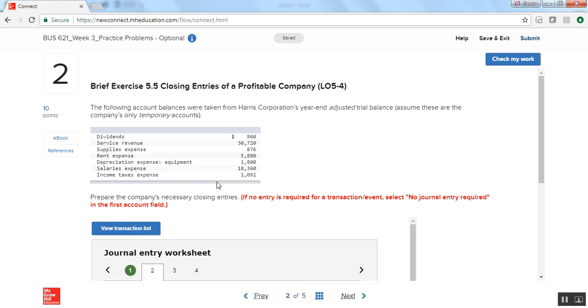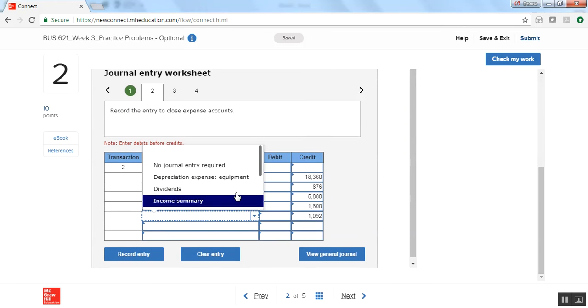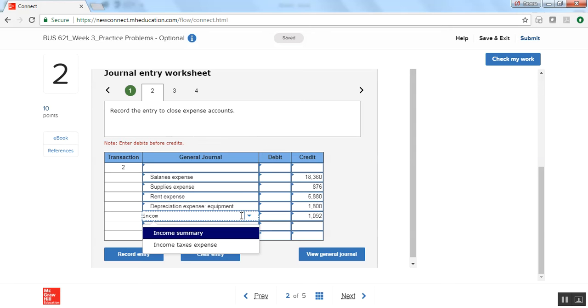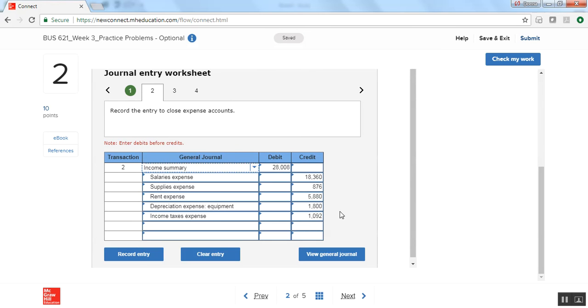And finally, we had income tax of $1,092. So if you remember, we added those up and we got $28,008. That has to be the debit because we're crediting expenses. We have to debit something, and we're going to debit the temporary account of income summary.